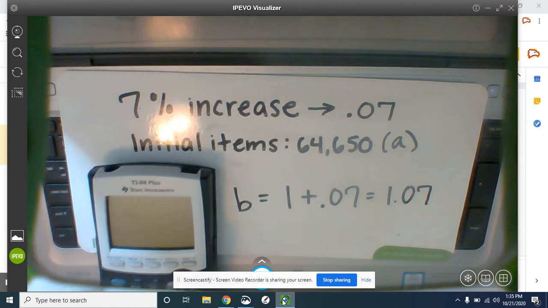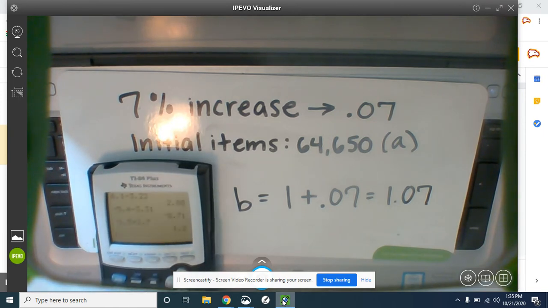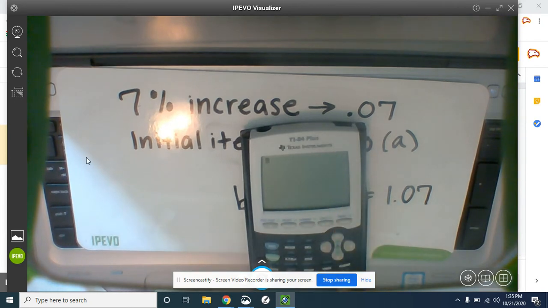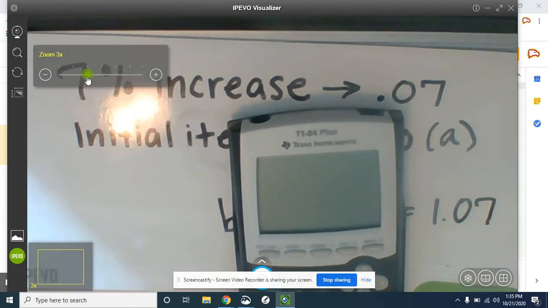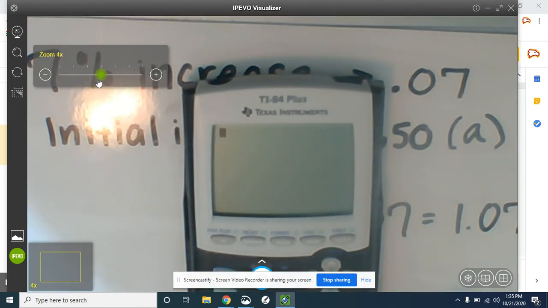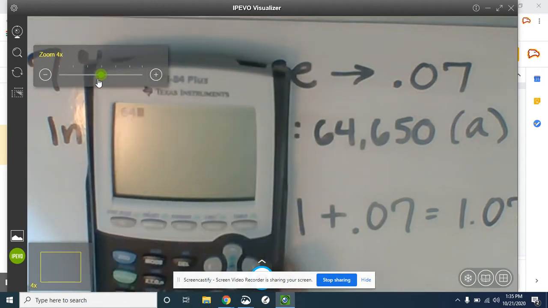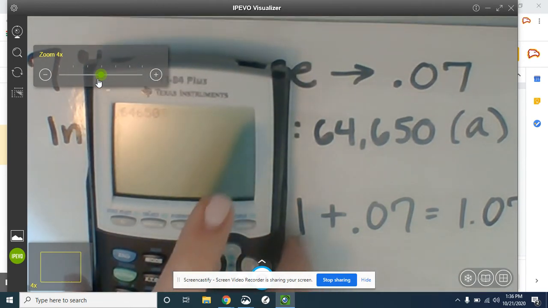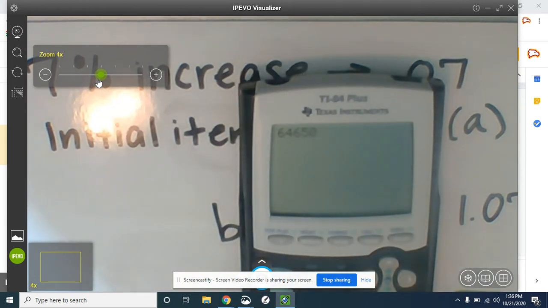I have my calculator right here. It is a little blurry. Let me zoom in. Okay. So we had 64,650. And I'm just going to use parentheses and I'm going to insert the 1.07.